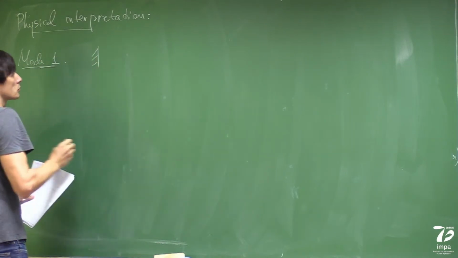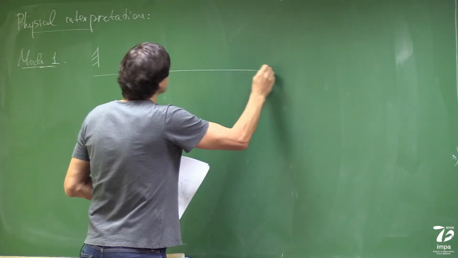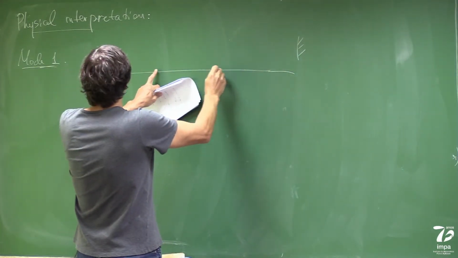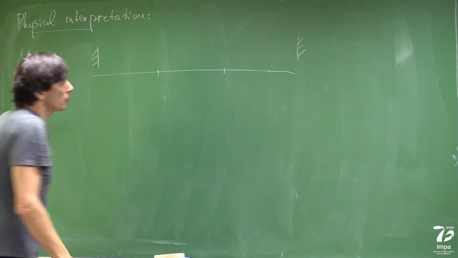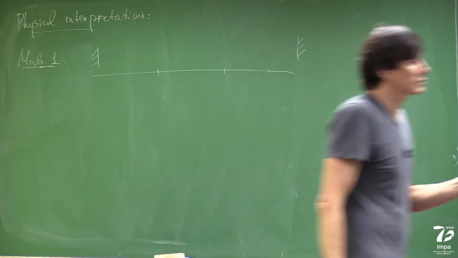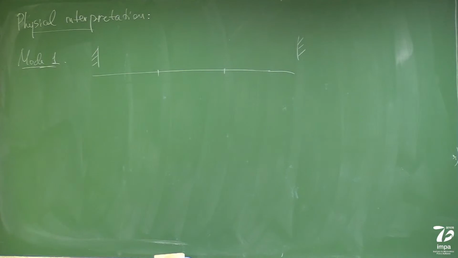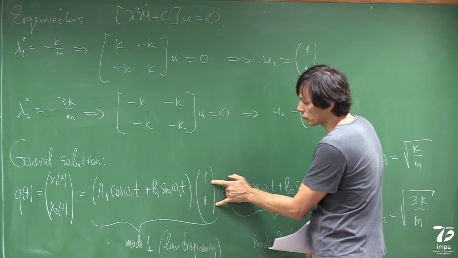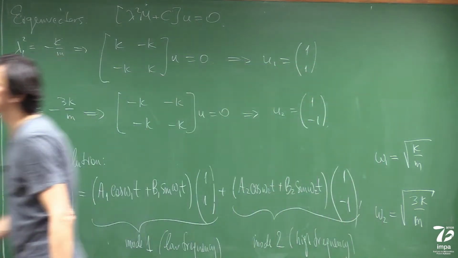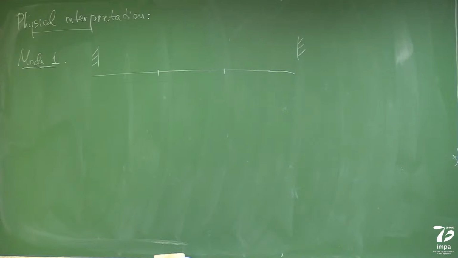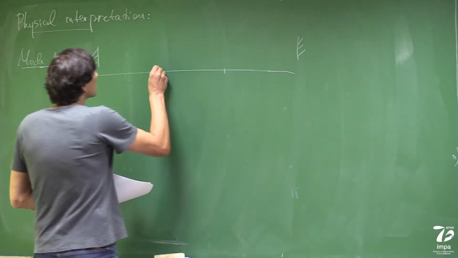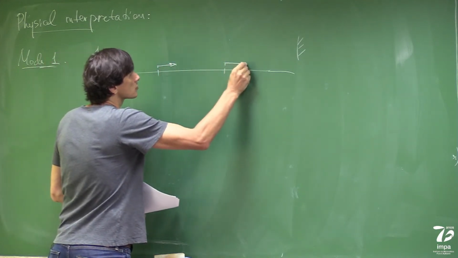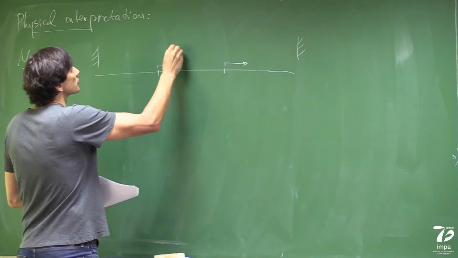is what? Mode 1 is when the first and the second mass move together, because the first coordinate and the second coordinate are exactly the same. If the first mass is moved and has some displacement, the second mass will have exactly the same displacement.